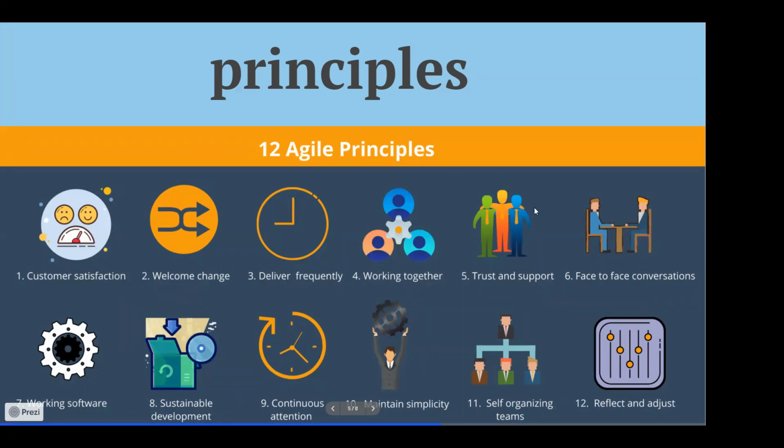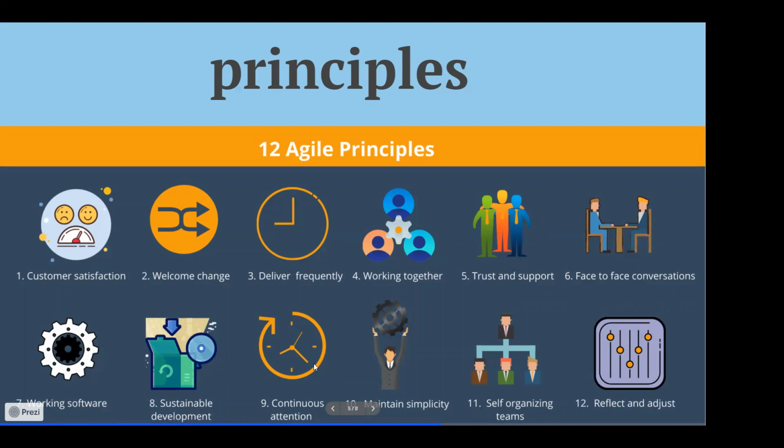And next, trust and support. Build the projects around motivated individuals. Next, face-to-face conversation. Face-to-face conversation is the most important. Working software: here, working software is the primary measure of progress. Next, sustainable development, continuous development.